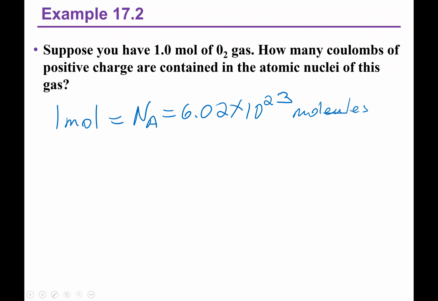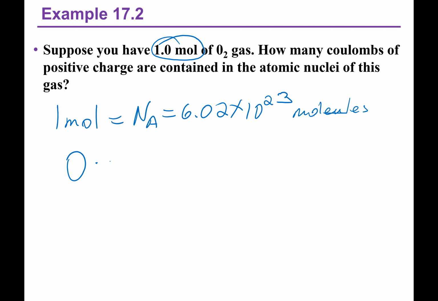So when we're given this, we're basically told how much stuff we have: 1 mole of the gas, which means that many particles, molecules of O2 gas.